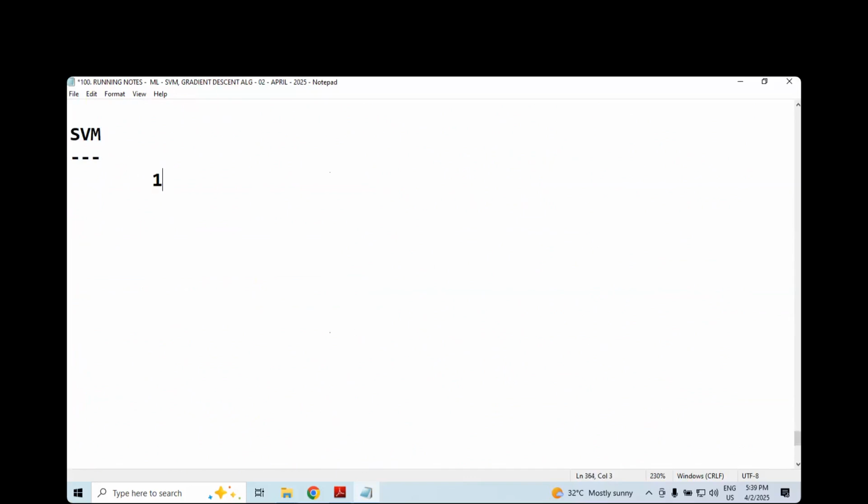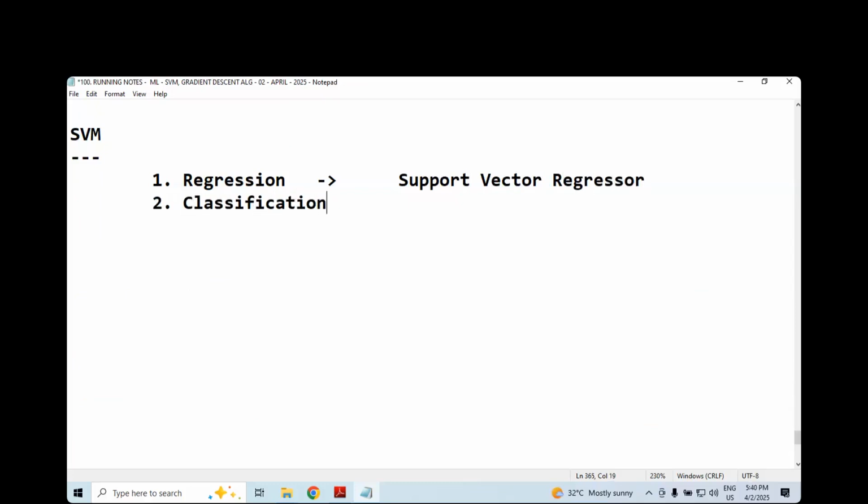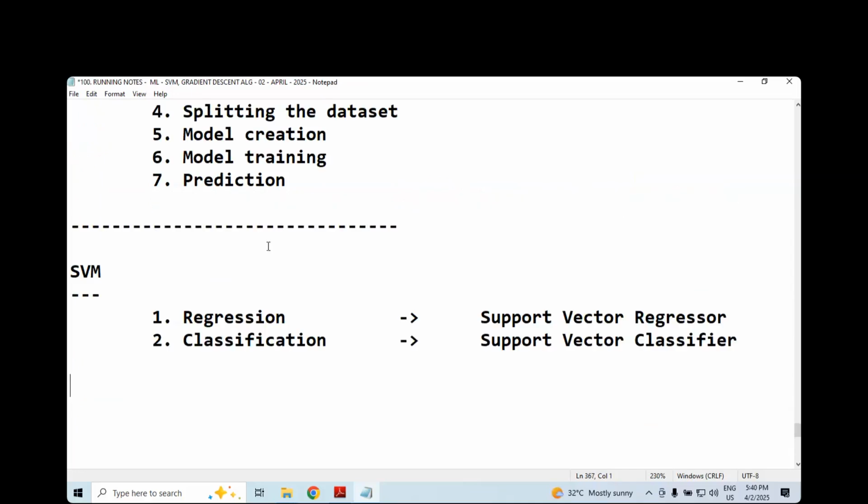If you're planning to apply regression, then the topic name is SVR. What is the topic name, sir? SVR, support vector regressor. And if you're planning to apply classification, then what is the topic name? Support vector classifier. That's what you need to get an idea.